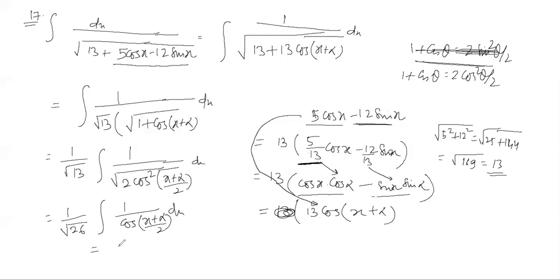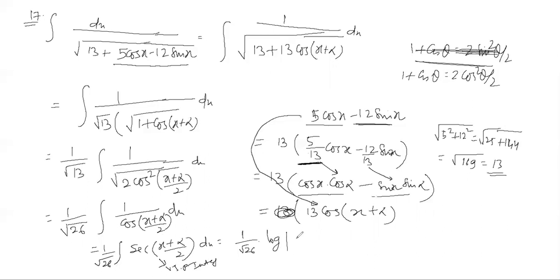So reciprocal of cos is sec. Sec x plus alpha upon 2, and 1 upon root 26 dx. This one is what? VIP integration. Now apply the formula of VIP integration.